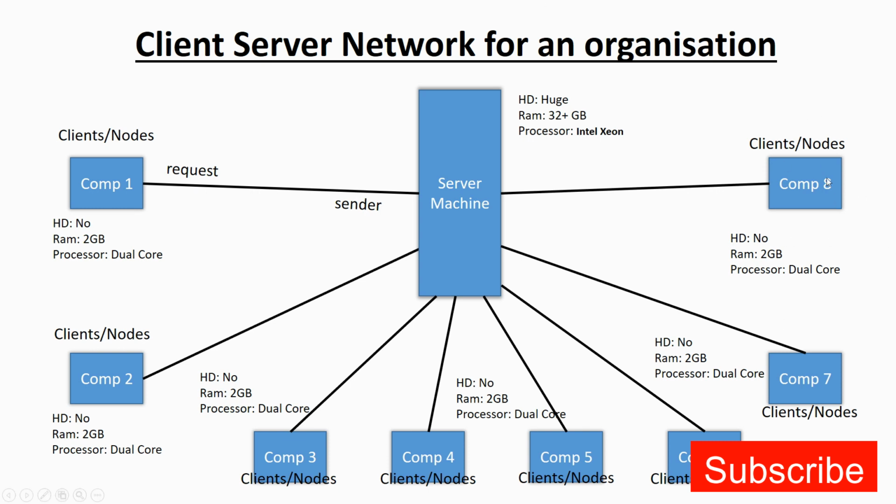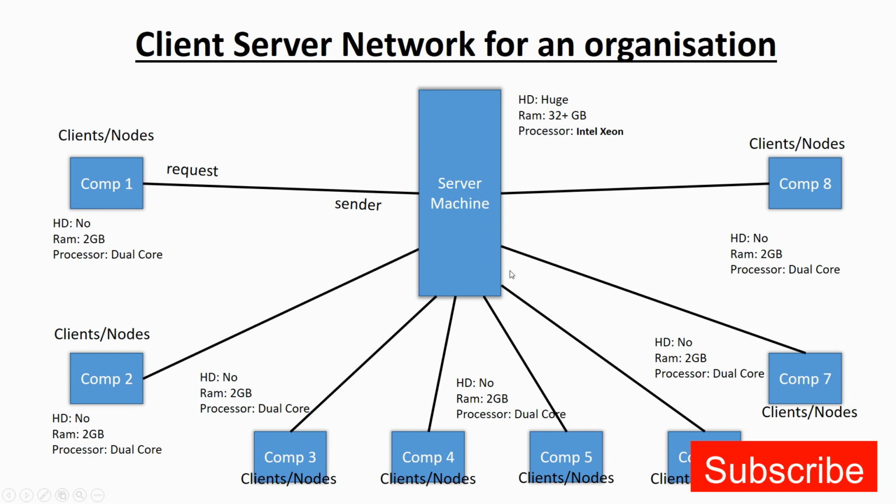These 8 PCs are connected to one computer which is a server machine, one powerful computer. All the other PCs are the client PCs, and all the client computers are connected to one powerful server machine.